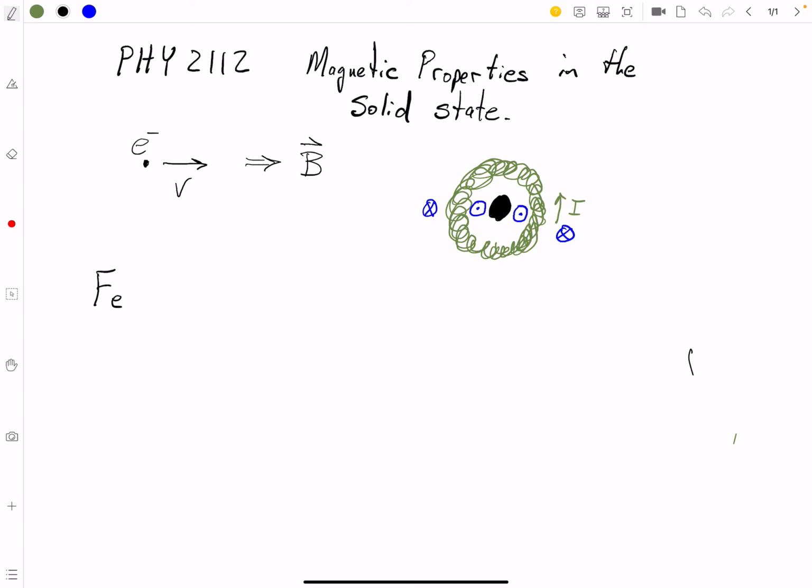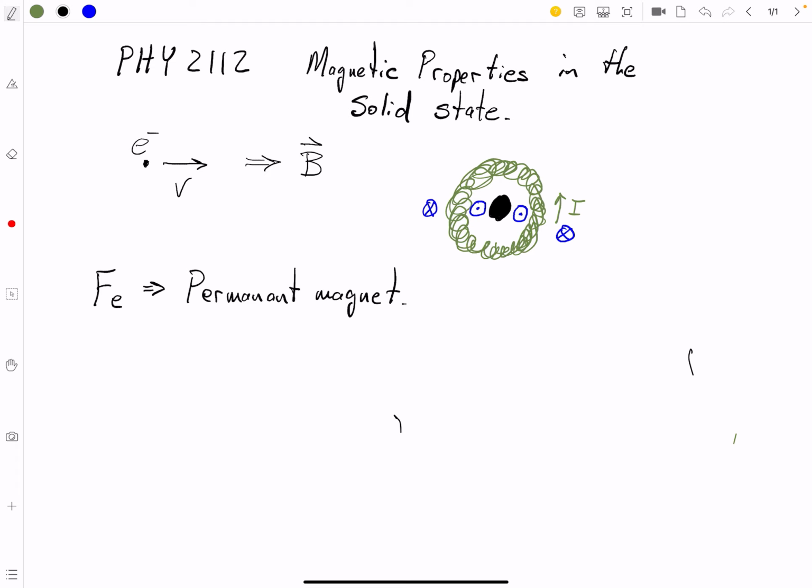We'll stick with iron as our ferromagnetic material. So iron gives us a permanent magnet.